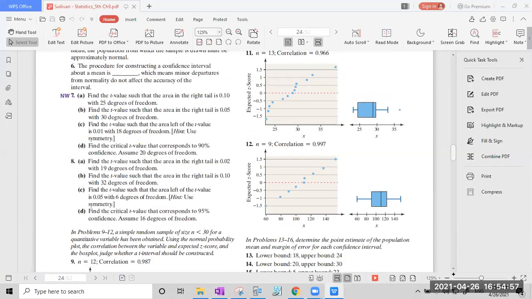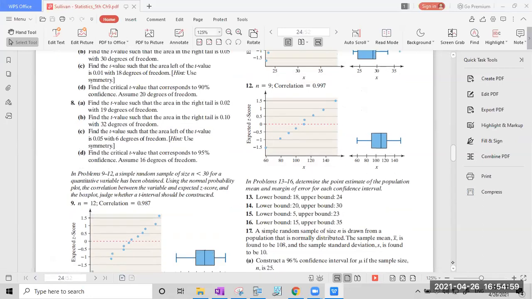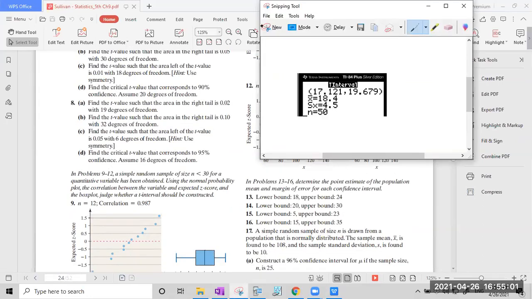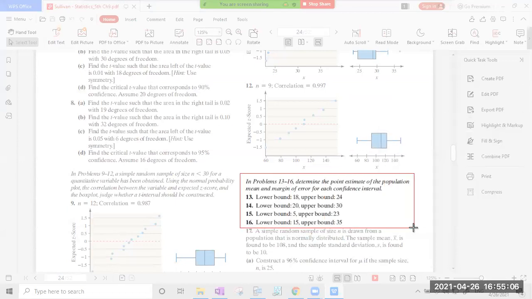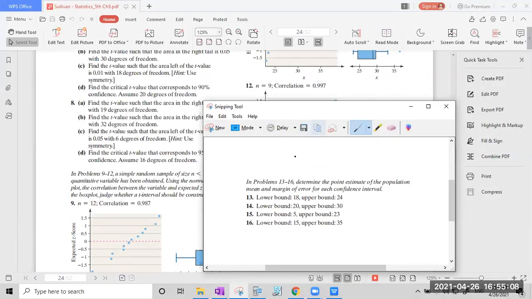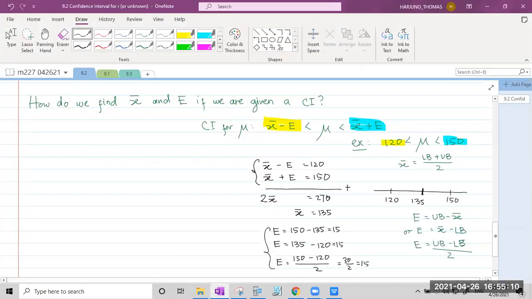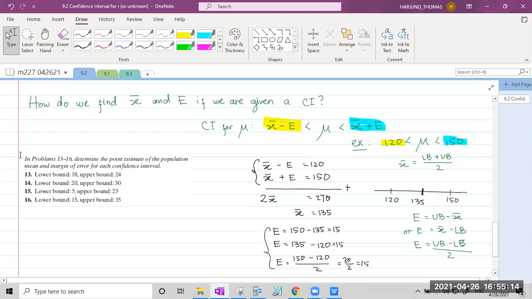Let me give you some problems from our textbook. Let's say number 14 and number 16, you try it. Use the example that I gave you earlier.